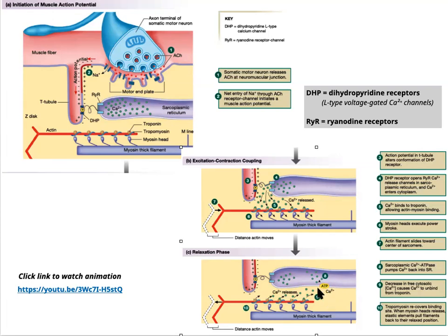Following that, there's a drop in the cytosolic concentration of calcium. With a drop in calcium concentration in the cytosol, calcium will unbind from troponin, and then the tropomyosin will shift once again, now covering up the myosin binding sites on actin.